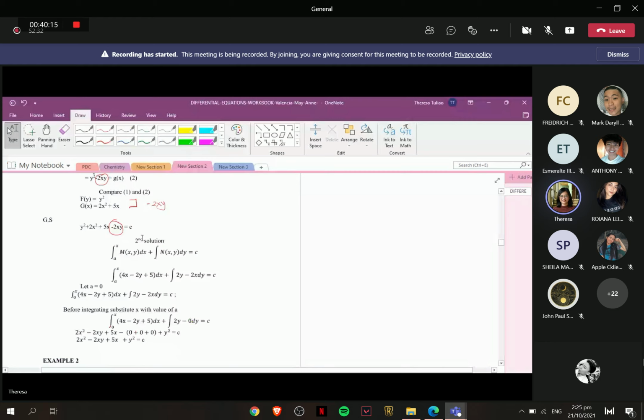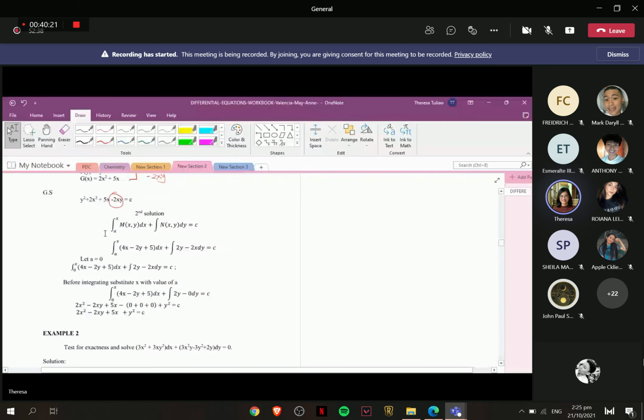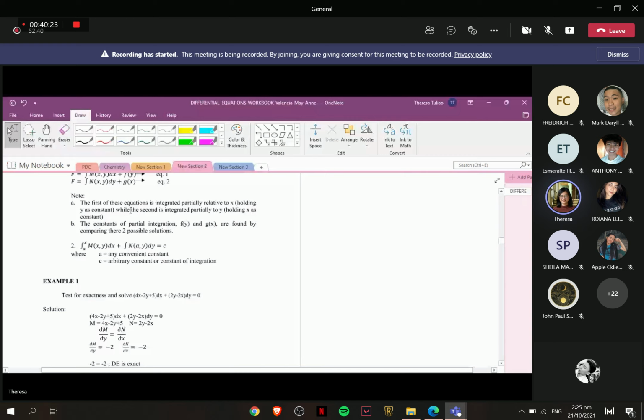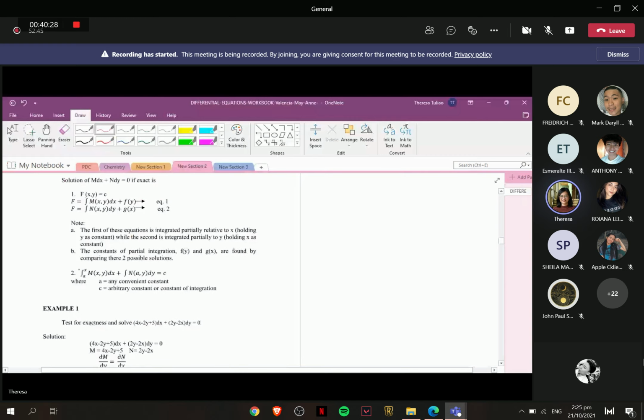So actually, simpler itong second solution, no? So, balikan natin yung form ng second solution. We have the integral of M(x,y) dx from the limits a to x. Okay? And then the integral of N(a,y) dy is equal to c. So notice here that x is replaced with a.